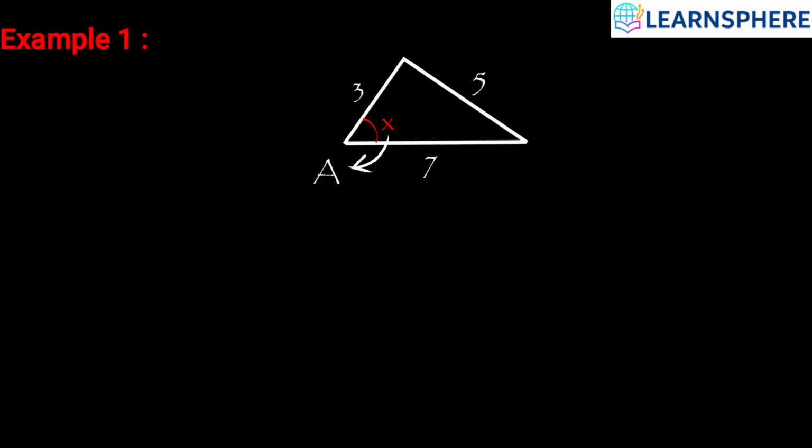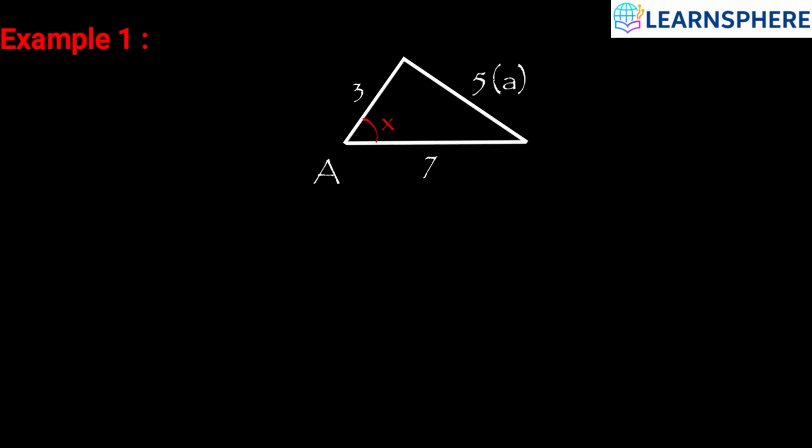For the first example, we have a triangle with all the sides known, which are 3, 5, and 7. And we are asked to solve for angle x, which is opposite of the side 5. So therefore, angle x will be capital letter A, and 5 will be small letter a.